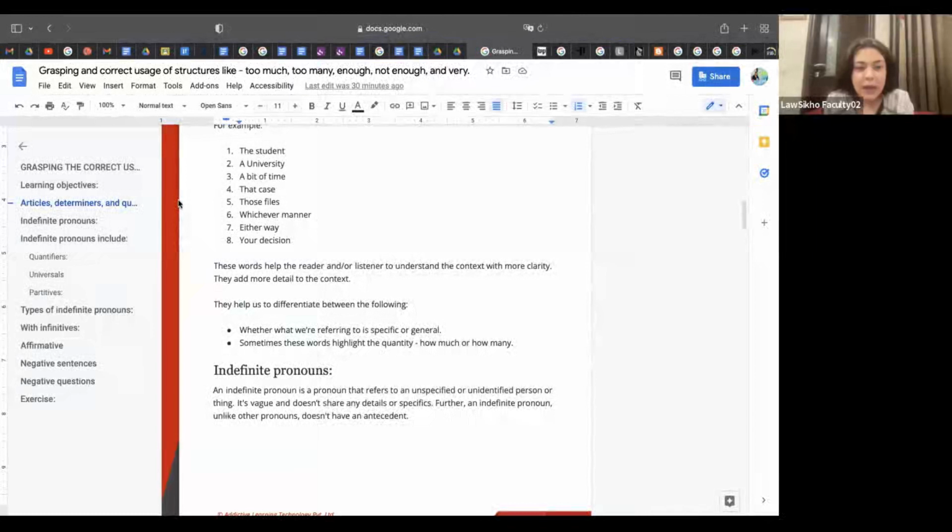Now, for example, most times when all of us are not using the right article, I always interrupt and tell all of you to use the right article. But the point is, if, for example, I'm going to be stating two sentences and I would want all of you to tell me what is the difference in the meaning.